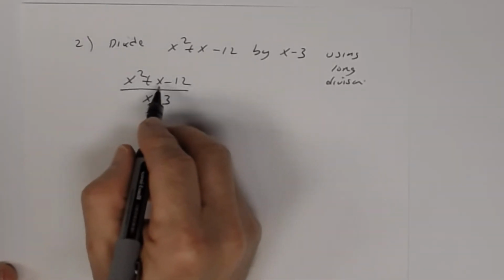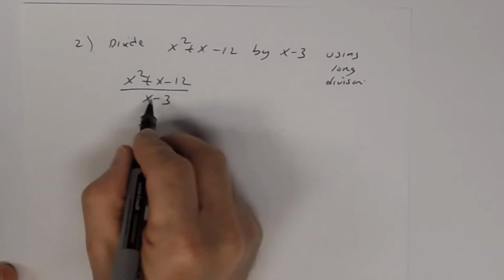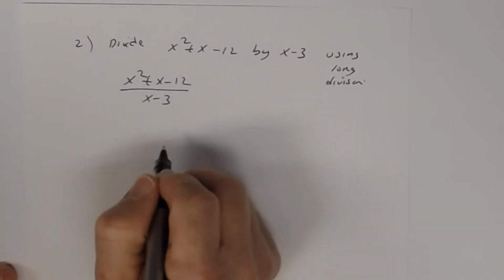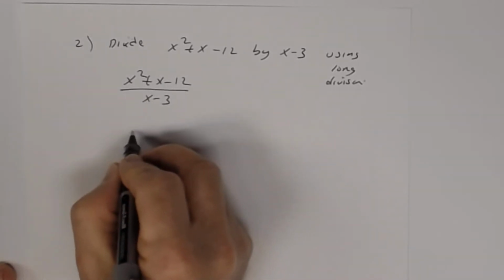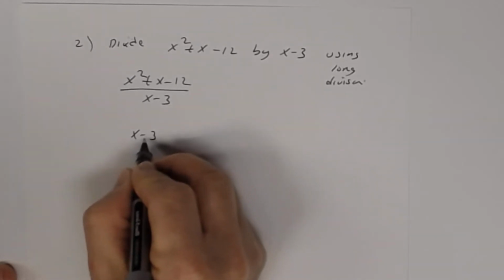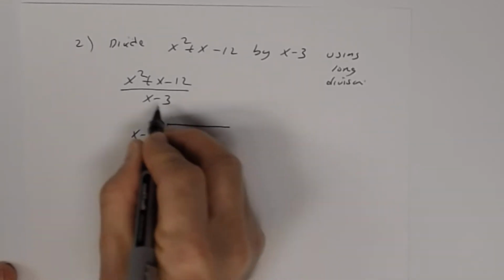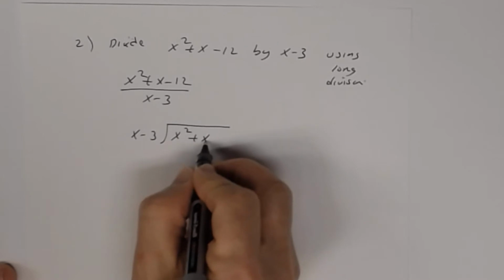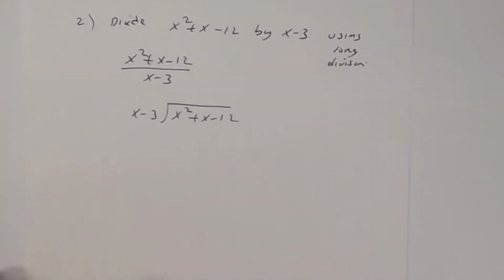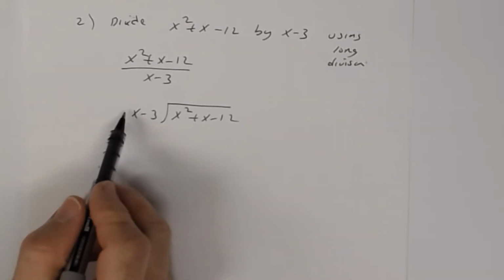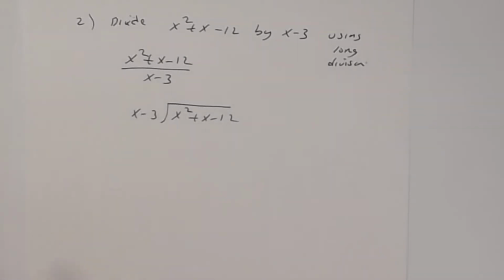I have an x squared, I have an x term, I have my constant. I have an x term, and I have my constant. Okay? So then we're going to say x minus 3, which is our divisor, into our dividend, which is x squared plus x minus 12. So we're going to do another easy example, and then we're going to look at some where this coefficient here is not a 1. And the coefficient here is not a 1 either.